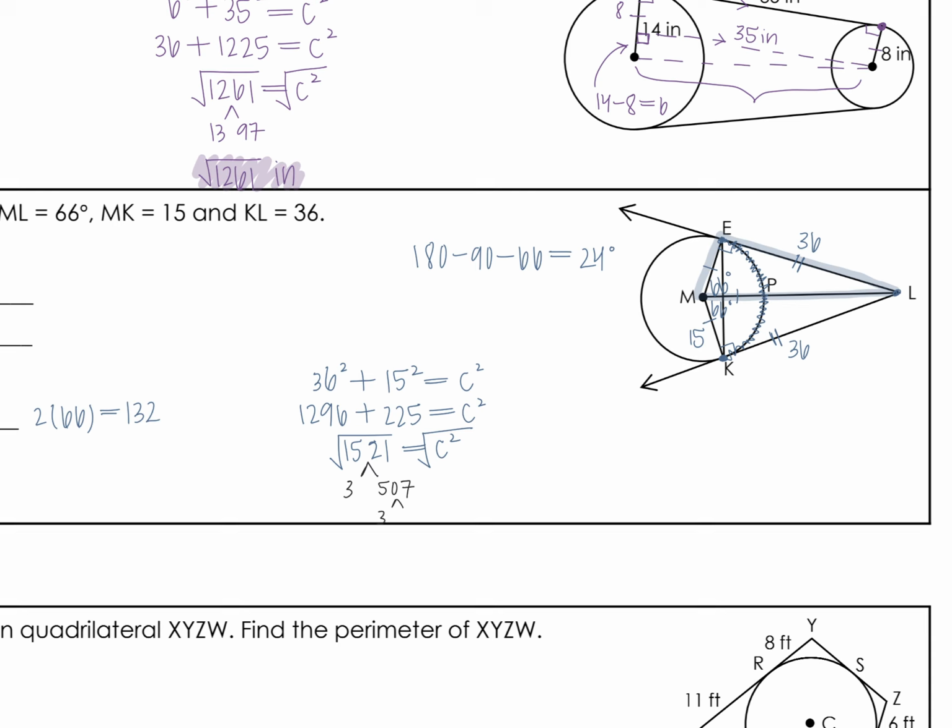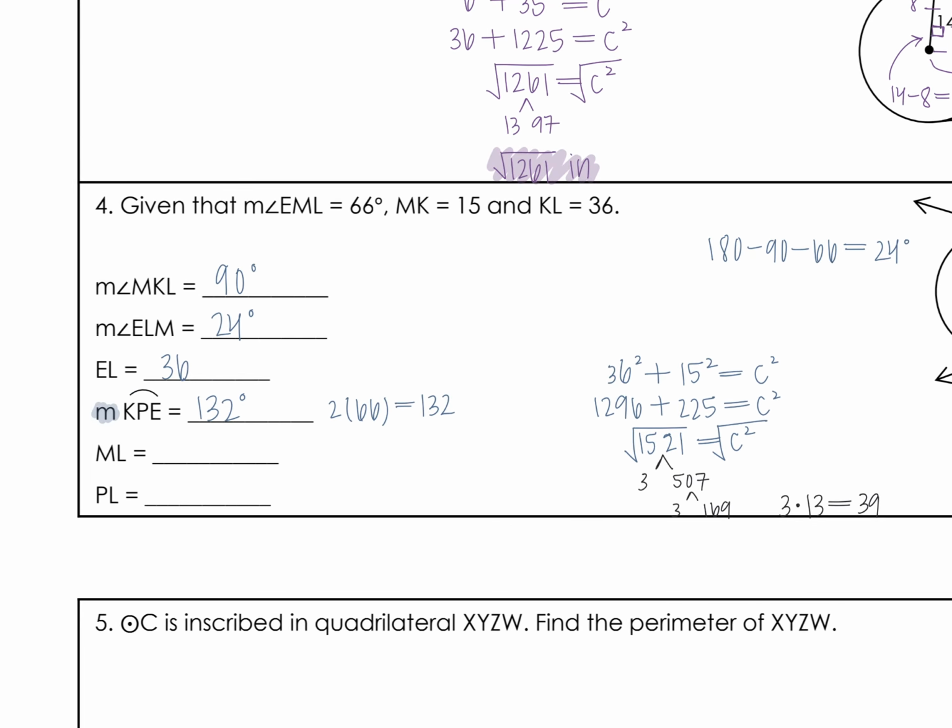So I can break that down by 3, and we would have 169. When I get to that 169, I know that is a perfect square. That's going to be 13. And so I can pull out my 3 times 13 to get 39. So here, ML is going to have a length of 39.